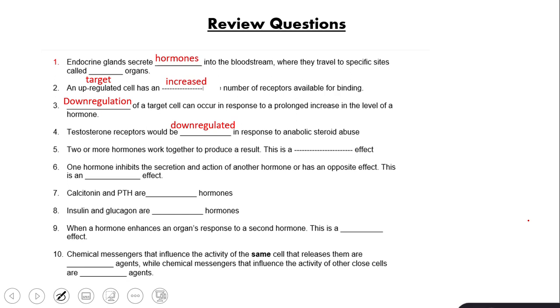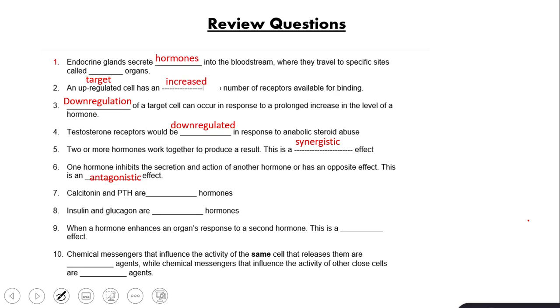Two or more hormones work together to produce a result. This is a synergistic effect, like epinephrine and norepinephrine. One hormone inhibits the secretion and action of another hormone, so this is antagonistic effect.